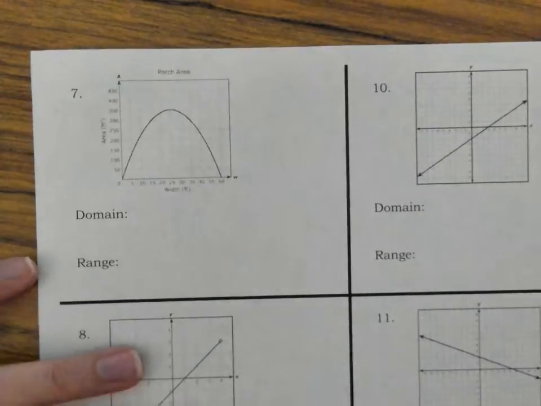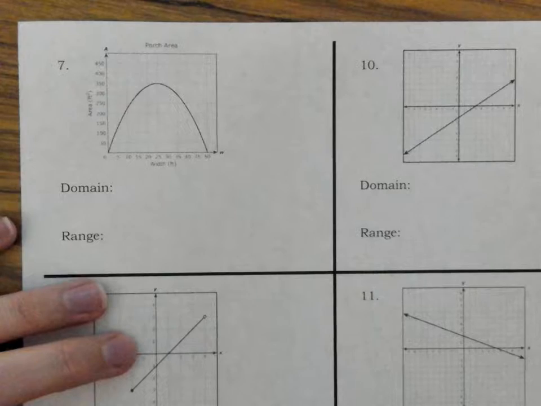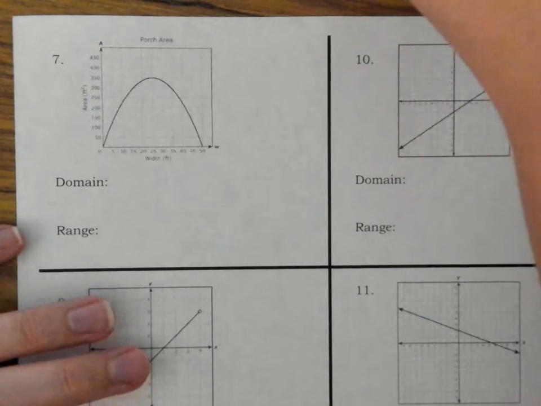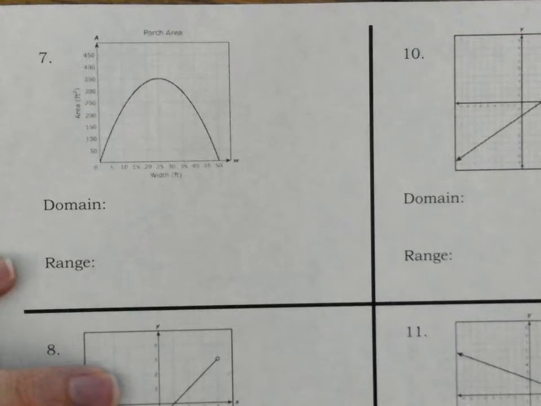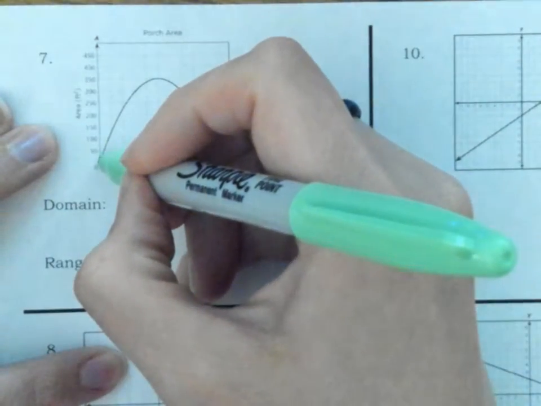All right, number 7. So again, a continuous graph, we can box it in.